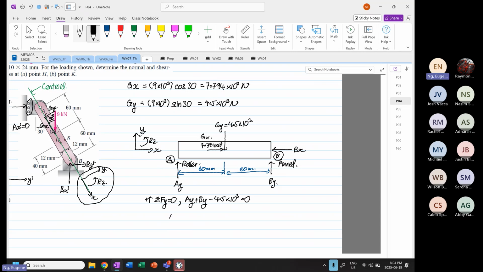And then we will note that Ay is equal to By. Why is that? Because the load is applied exactly at the center. We have 60 millimeters from Ay to Gy and 60 millimeters from Gy to By. So that's why Ay is going to be By.